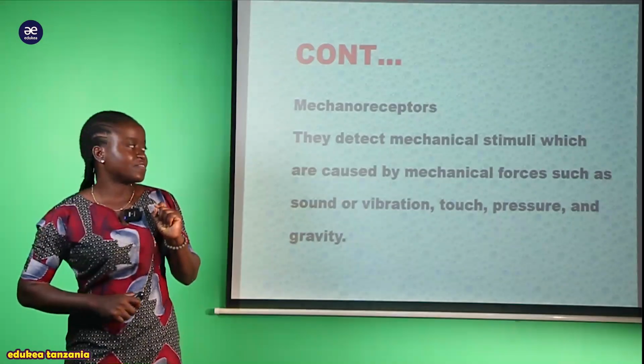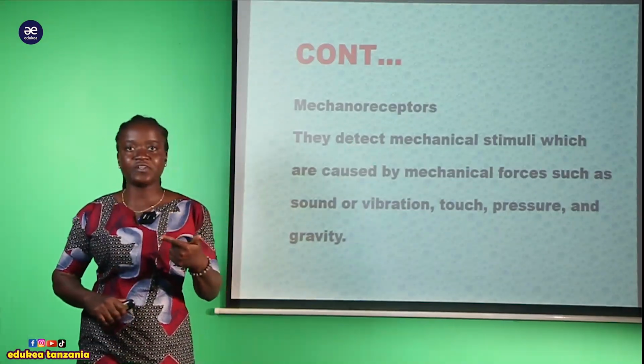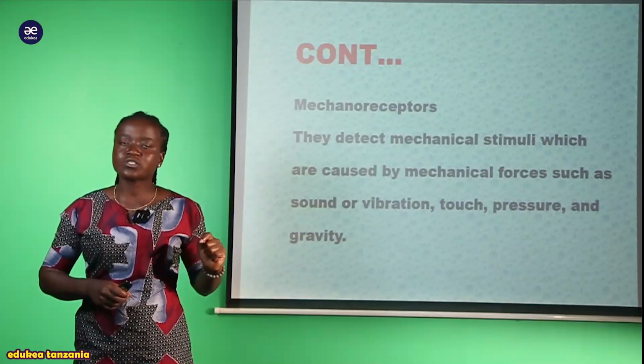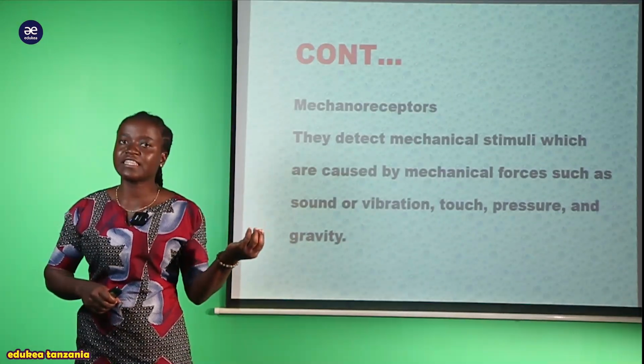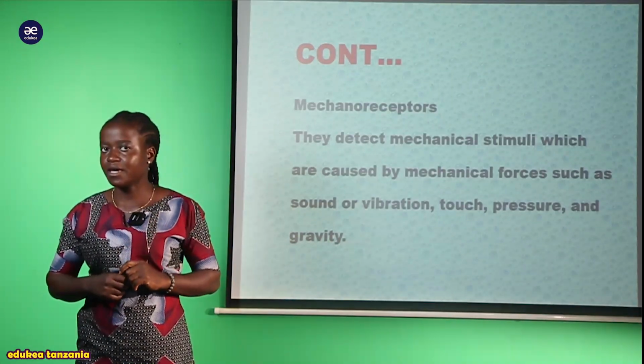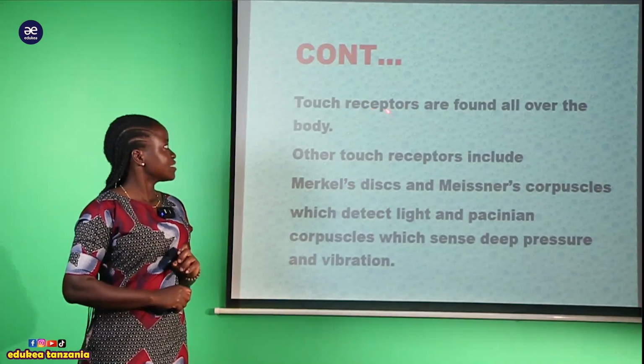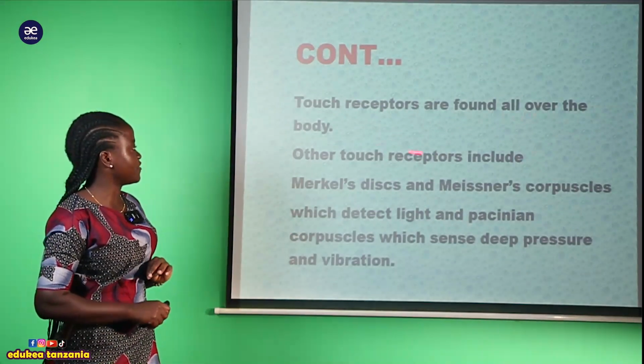And remember, this mechanoreceptor can be found within your sense organ, that is the skin. Also, it can be found within your ears. So now we are saying that touch receptors are found all over the body.